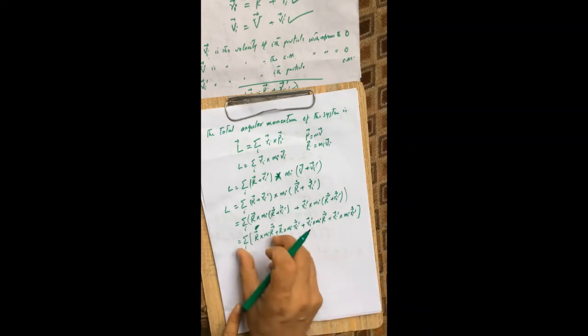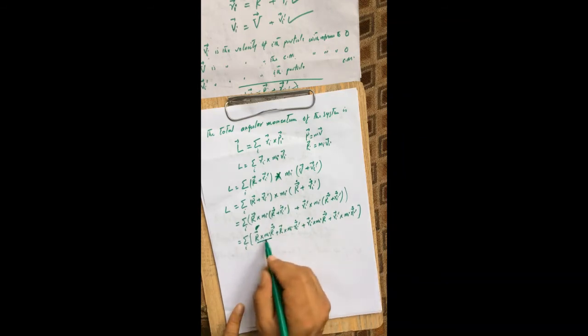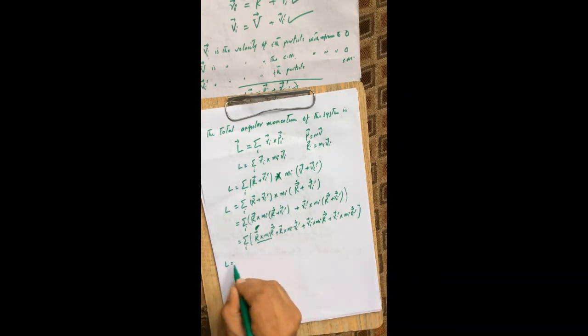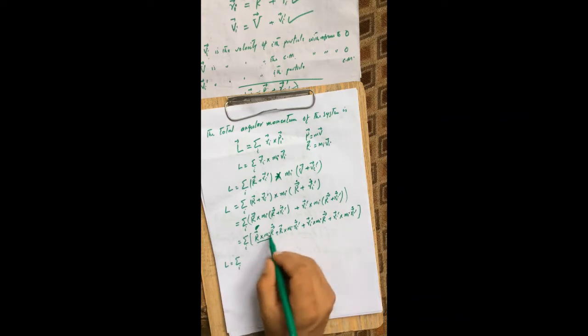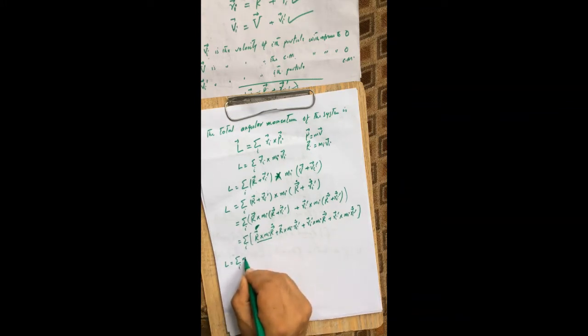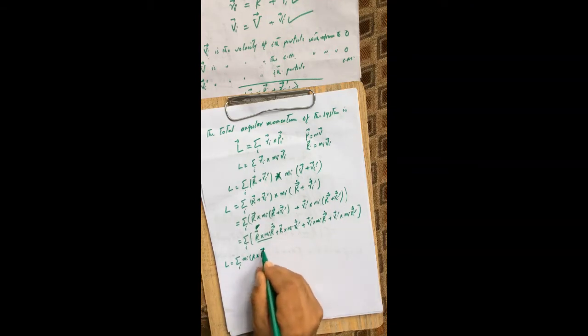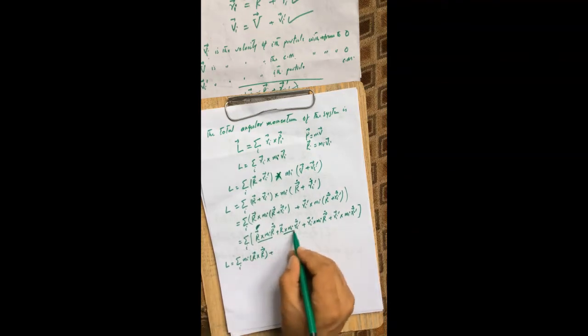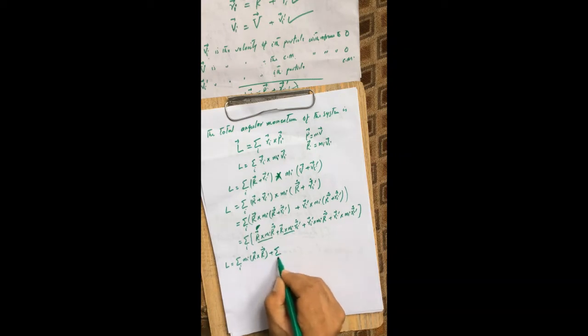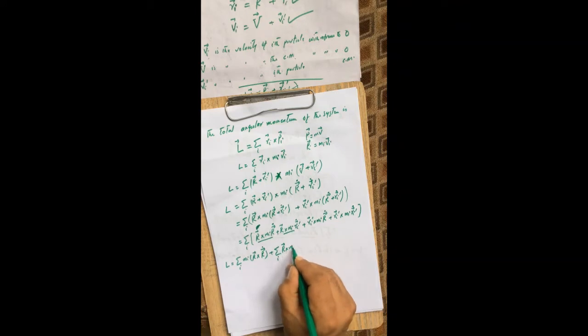I will apply the sum to each term individually. First I apply the sum to this one, so L is equal to the sum over i; we have Mi, so I bring this Mi first, and we are left with R cross R dot. Then I apply the sum to this term: the sum over i of R cross Mi Ri prime dot.